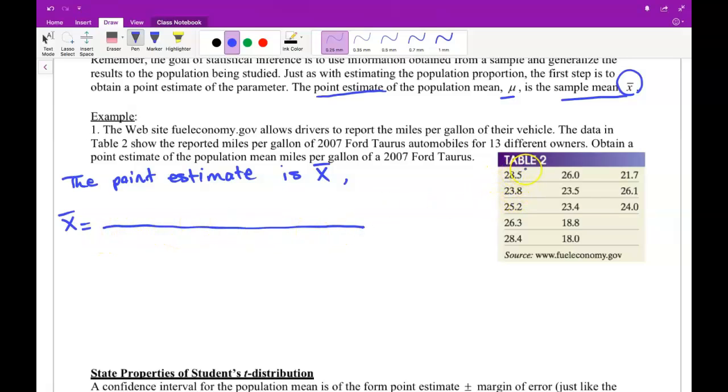As always, we add all these numbers and then divide by how many numbers we have in this table.